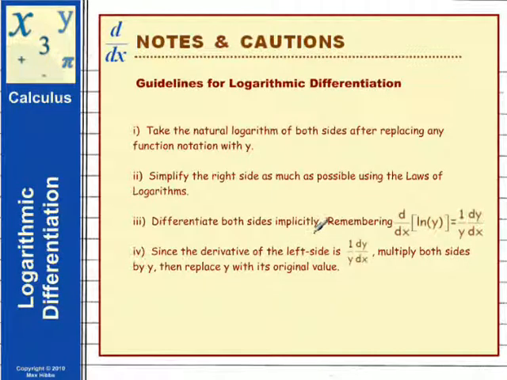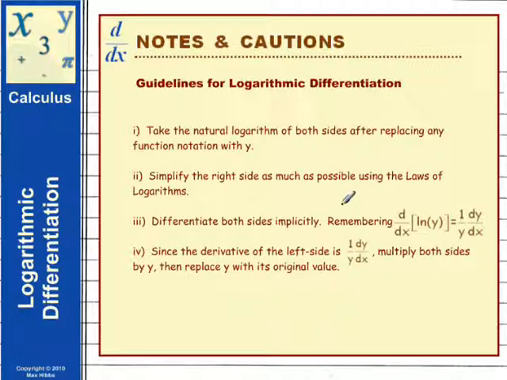Okay, in summary of what we've just done, I've written the guidelines for logarithmic differentiation. First, we make sure that we replace any function notation with y notation, and then we take the natural logarithm of both sides. Once we've taken the natural logarithm of both sides, we simplify the right side as much as possible using the three laws of logarithms.